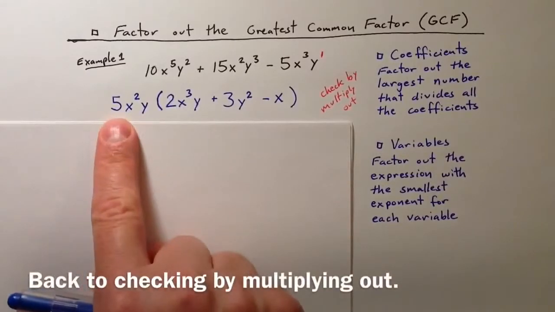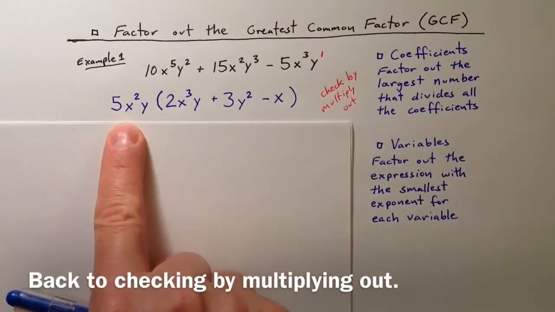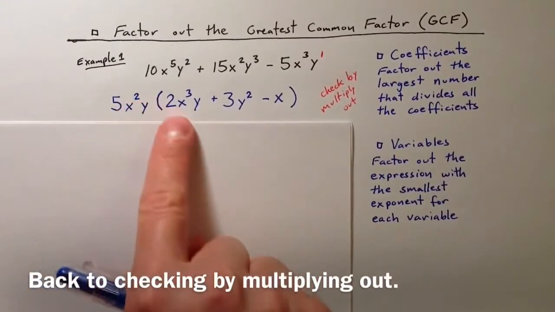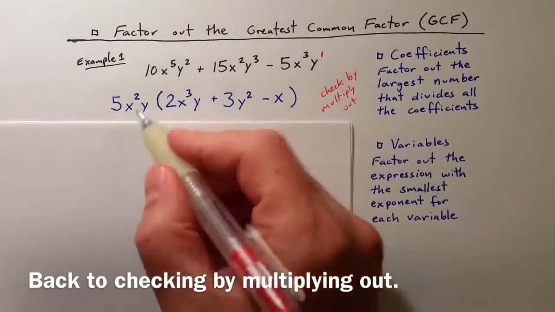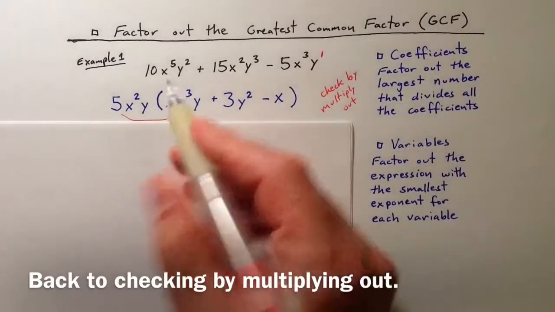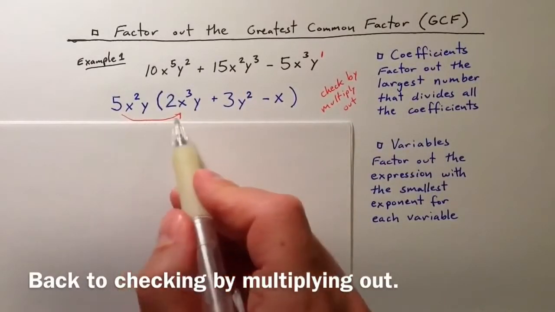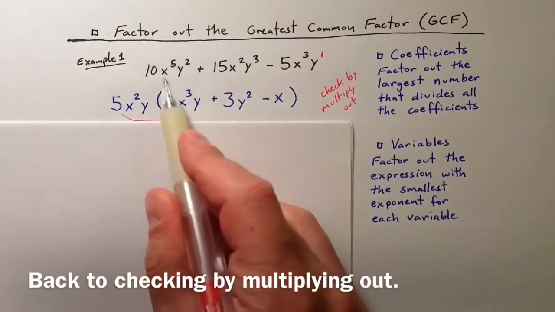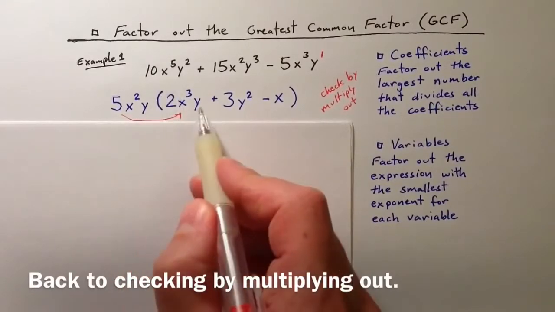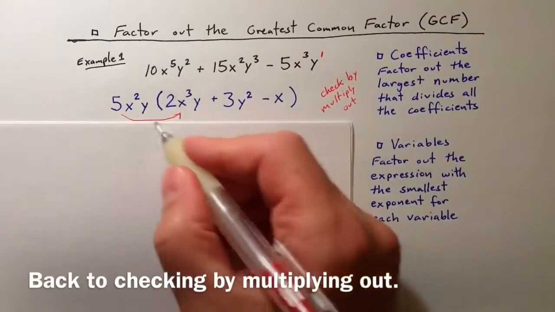To see that this answer makes sense, if we multiplied it back out, I would get 5 times 2. If I multiply the first term, 5x squared times y, I get 5 times 2 is 10. X squared times x to the 3rd is x to the 5th. Y times y is y squared.